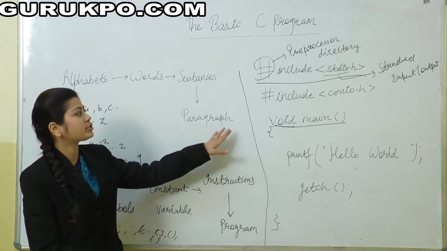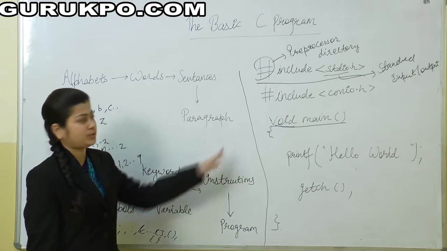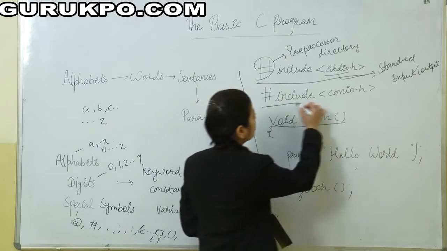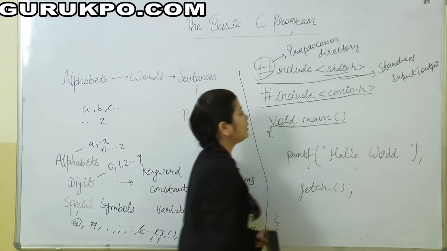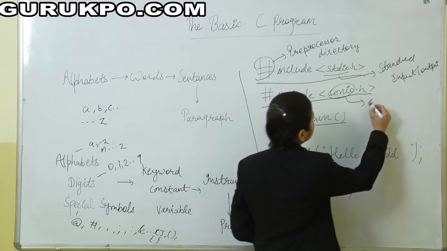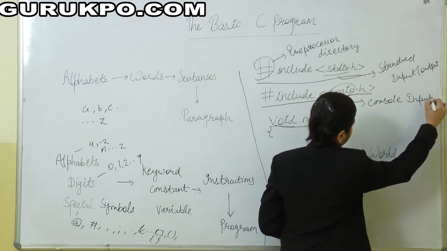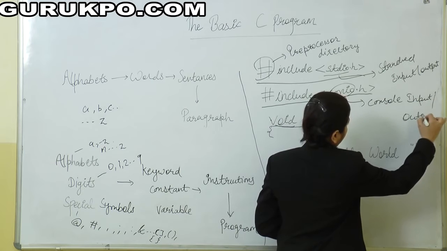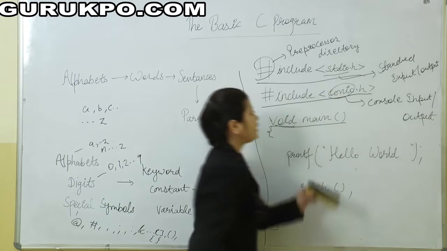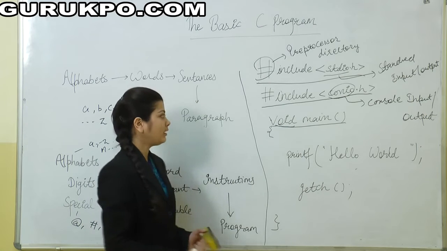Similarly, in the C language, for the header file stdio.h the extension is .h. Similarly, this is another header file, conio.h. The full form of conio.h is console input output. Various other functions are also defined in this header file.